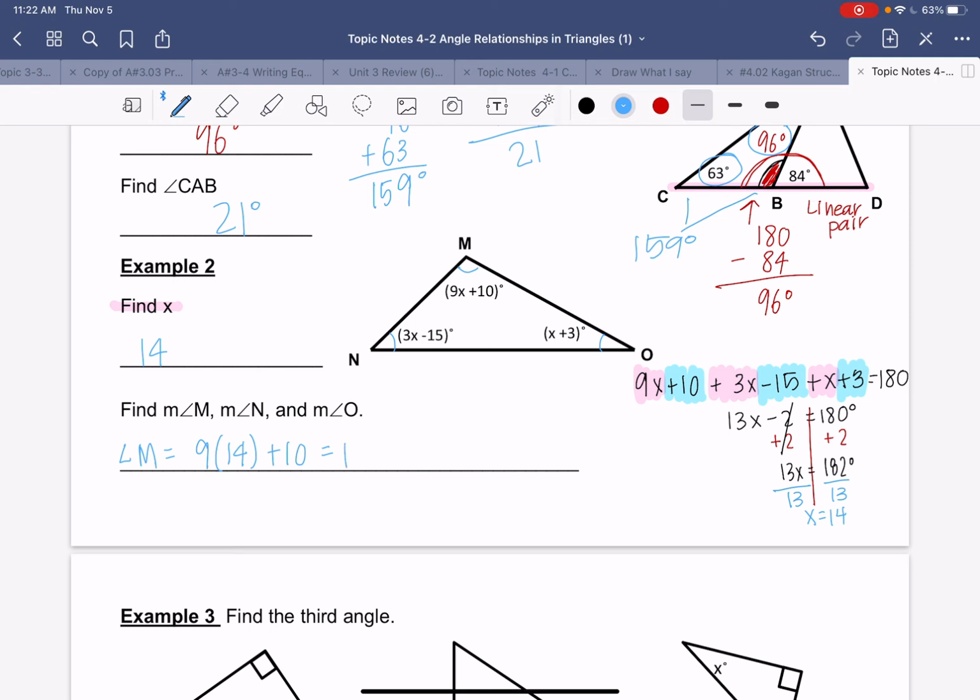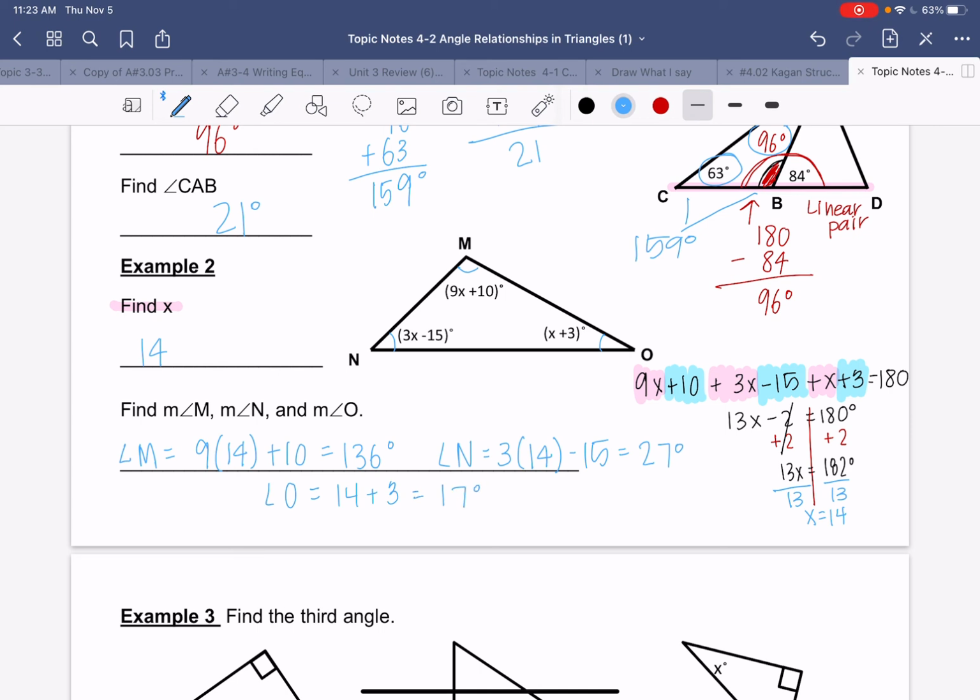Yeah, 136 degrees. Angle N is 3 times 14 minus 15. I get 27 degrees. And angle O equals 14 plus 3, which equals 17 degrees.